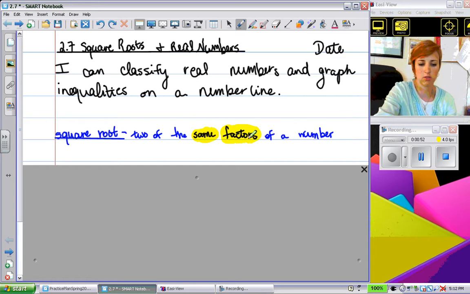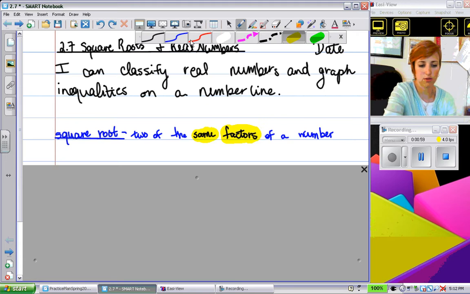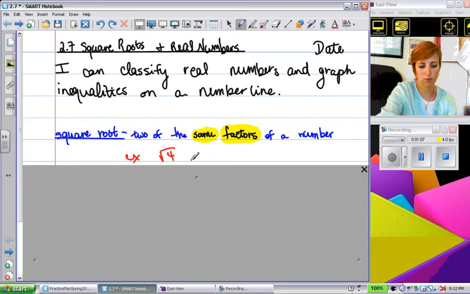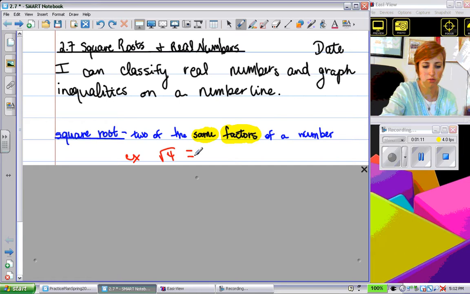It's the two numbers that multiply together to make it. So, for example, if I have the square root of 4, well, 4 is made up of 2 and 2, so our square root of 4 is 2.